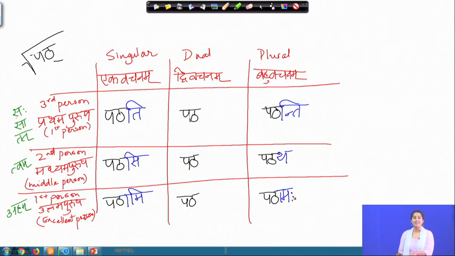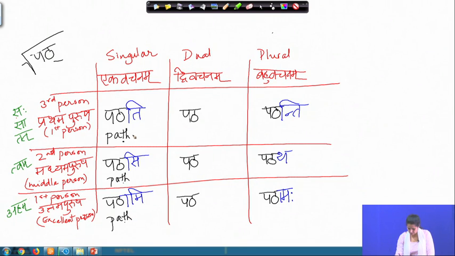Lovely. I'll also write it out for you in the English transliteration, because there are many who don't really know the Sanskrit letters as yet. So it would definitely help to see the English transliteration. Patha. I'll just write the basic first and then add the verb.